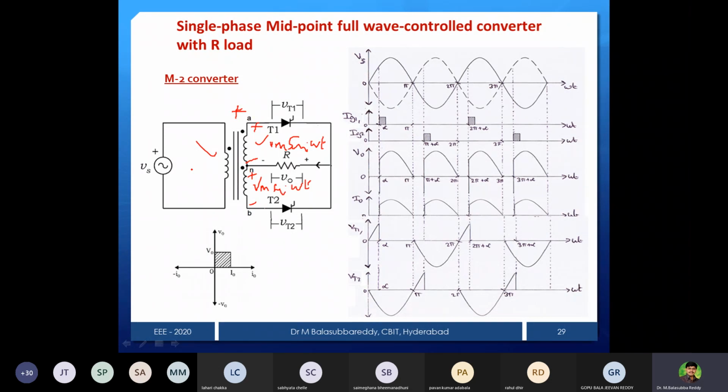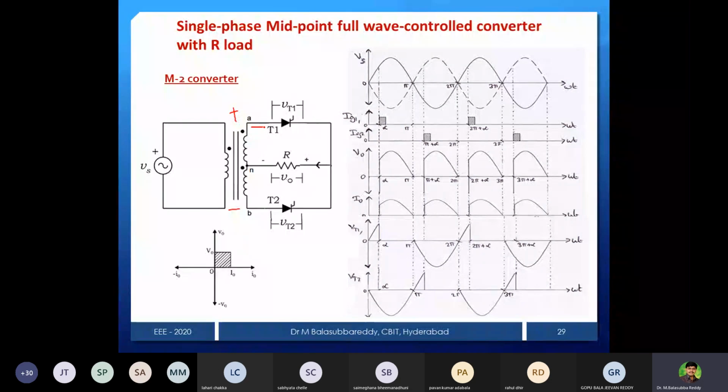Now during the positive half cycle, which devices are forward biased? T1 alone is forward biased. During the negative half cycle, T2 will be forward biased. So that's the reason we can see how the current is going to pass. During the positive half cycle, this will be plus, this will be minus.